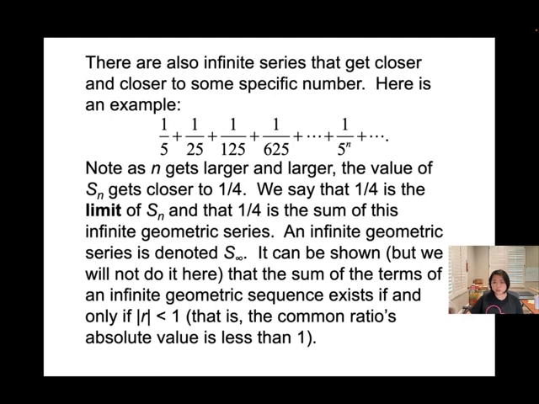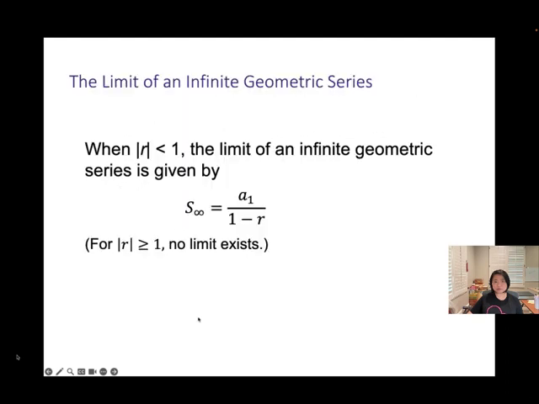But then we do have the restriction for the geometric sequence. The R, the common ratio, has to be absolute value of R strictly less than 1. Okay, it has to be strictly less than 1. When the absolute value of R is strictly less than 1, the limit of an infinite geometric series is given by, we do have this formula highlighted.